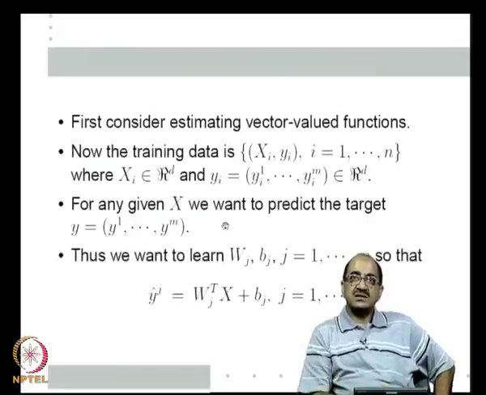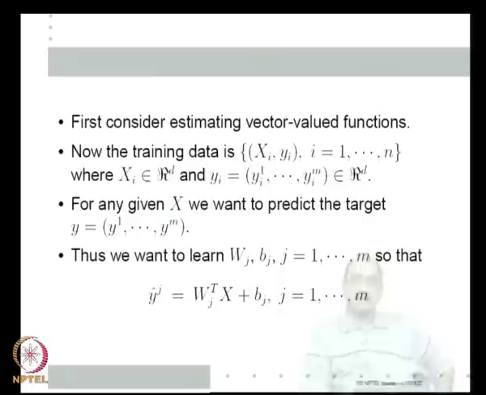What it means is that we want to learn m w's and b's such that the jth component can be predicted as some affine function, that is w_j transpose x plus b_j. So, essentially the problem boils down to finding m vectors w_j and m scalars b_j, so that my model is a good model.